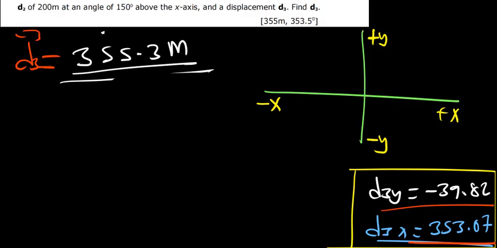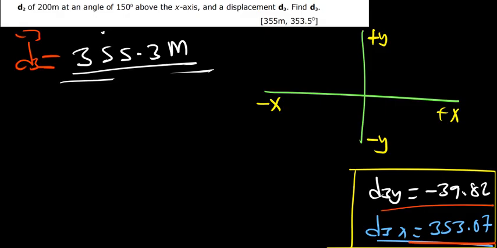How many are in support of that? Then how many are saying it's going to fall in the first quadrant? Anyone who is saying second quadrant? Okay, since the x is positive, the y is negative, definitely the angle has to be in the fourth quadrant.